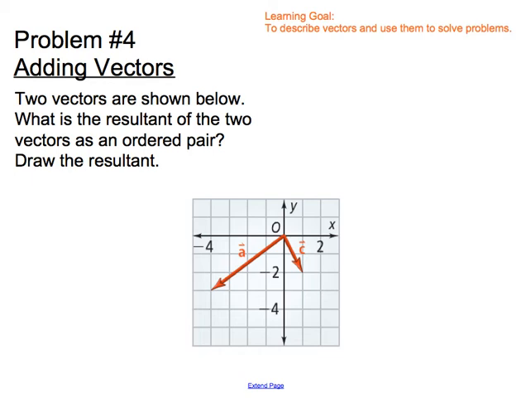So the first thing we want to do is define the two vectors. So we have vector A, which is going to be given as an ordered pair. So this is -4, -3. And we have vector C. So vector C is 1, -2.